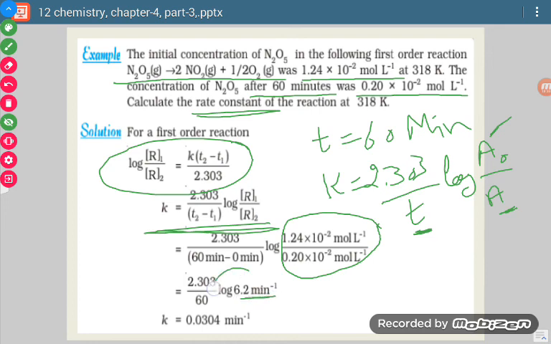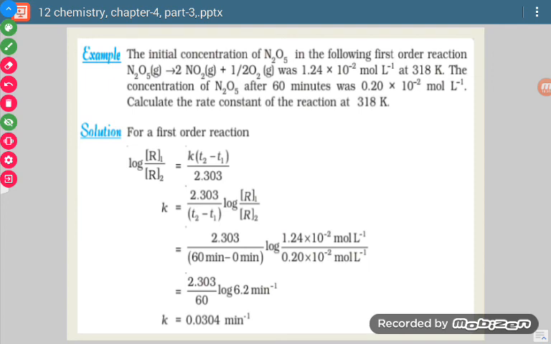Now log of 6.2. How to calculate log and anti-log, I have given you one video, you might have seen that, so you might be knowing now how to calculate the log and anti-log values. So from the log table you will find the value of log 6.2 and then you will put the value, and after multiplication you will get the value of K as this much.